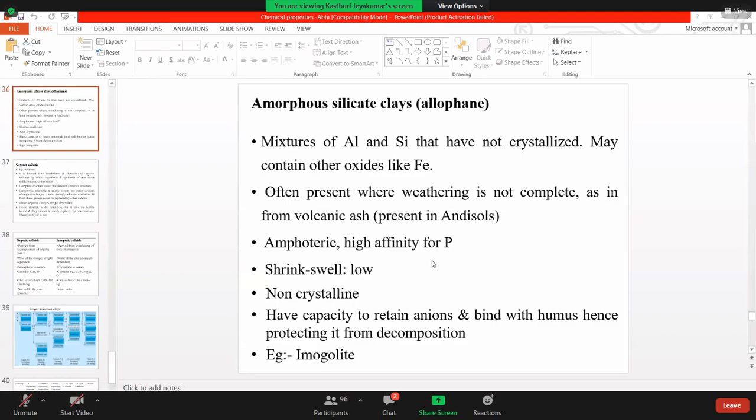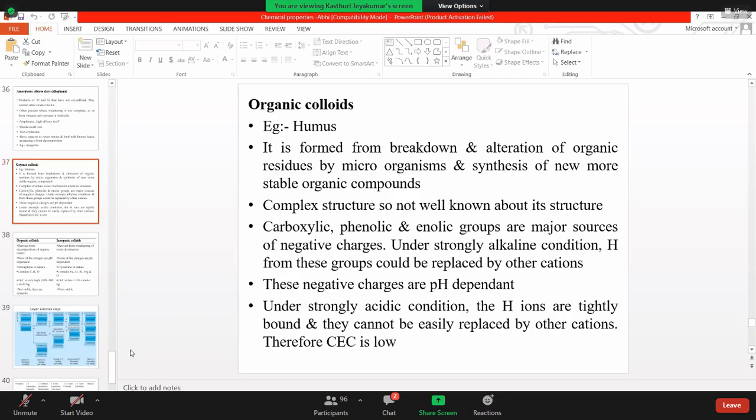Here also, amorphous silicate clays don't have shape. By the name itself, you can understand. Amorphous means doesn't have shape, non-crystalline, and example, that one is enough. Other things, just read for your knowledge. Organic colloids are the important criteria. Okay? The comparison between inorganic and organic colloids is very much important.